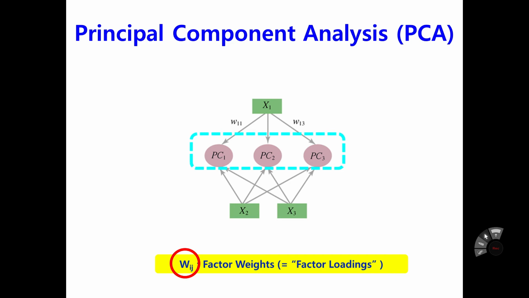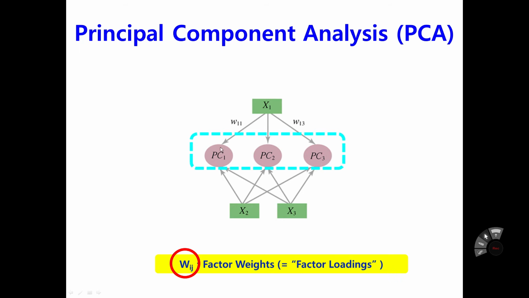In a graphical demonstration, we would like to define the principal component analysis as follows. As you can see, there are 3 observed measured variables, x1, x2, x3, and those 3 observed variables are now producing 3 unobserved latent variables, PC1, PC2, and PC3.